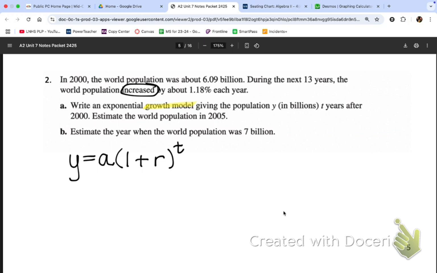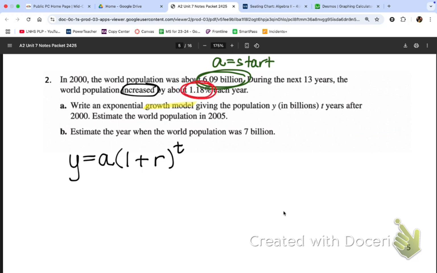The a value is your starting amount. Do you see the starting amount anywhere? Where is it? 6.09 billion. A is what you start with. Next up, we need the rate, which is right here. It's the percentage.